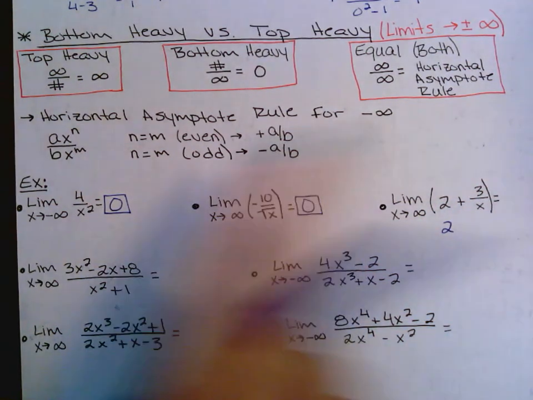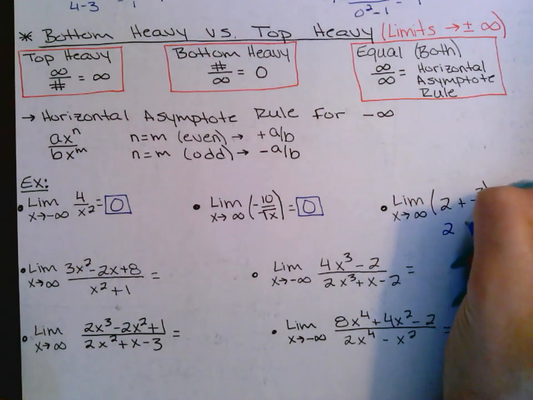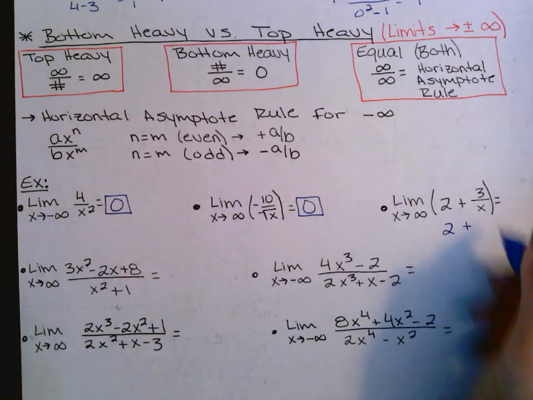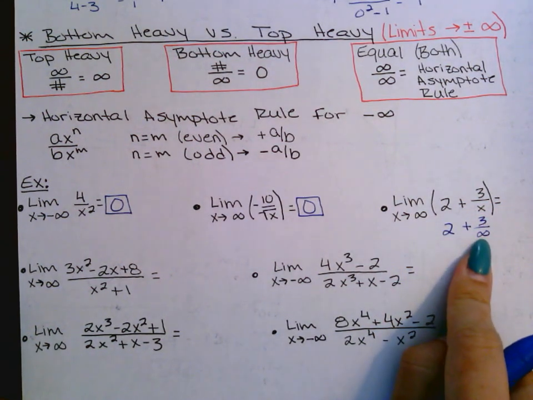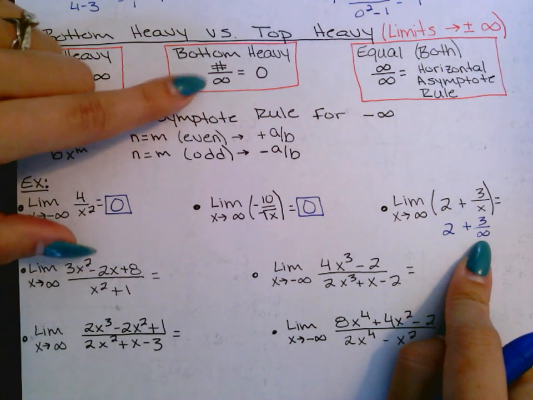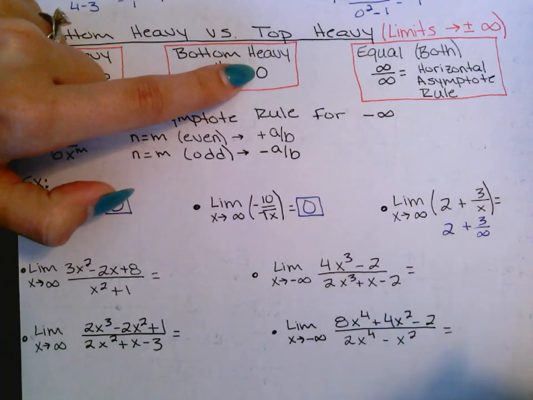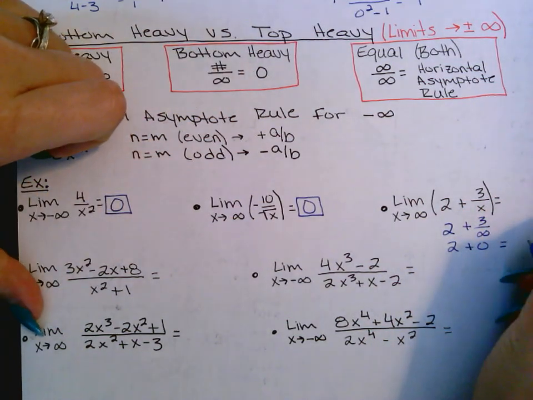There's no fraction there. There's no variables for me to plug in an infinity. Plus, if I do 3 over and then I plug in the infinity, this portion here is bottom heavy, because the infinity lands in the bottom. And bottom heavy equals 0. So what I'm really working with is 2 plus 0, which is just 2.